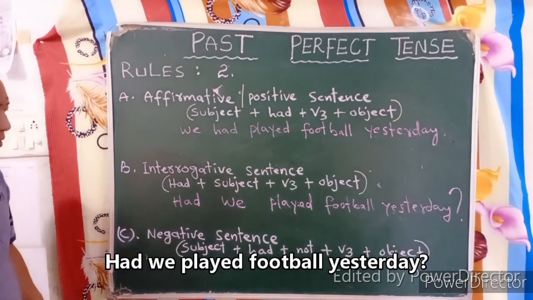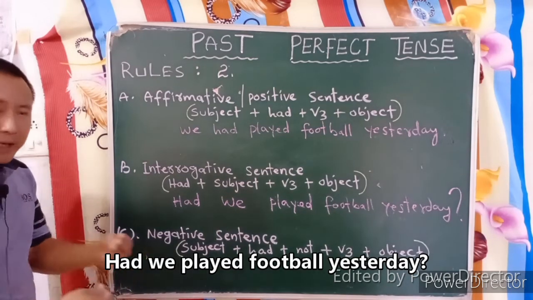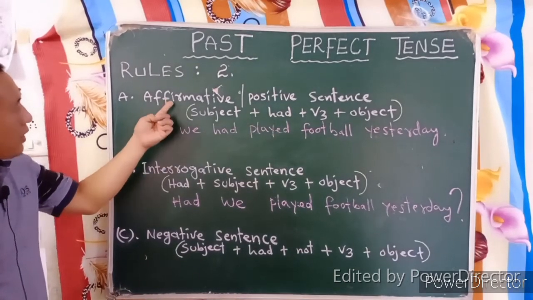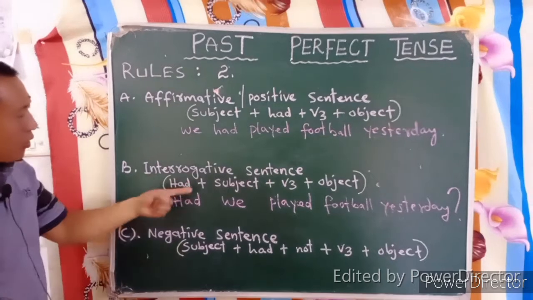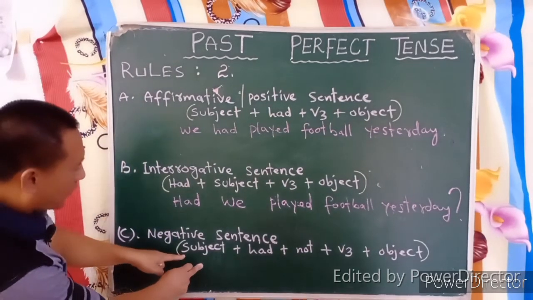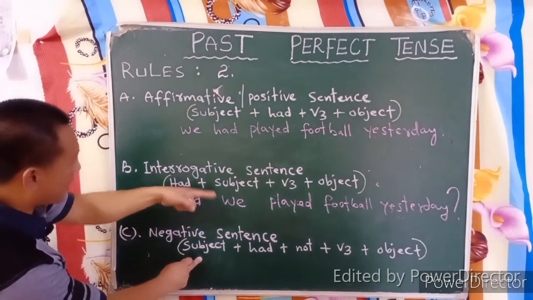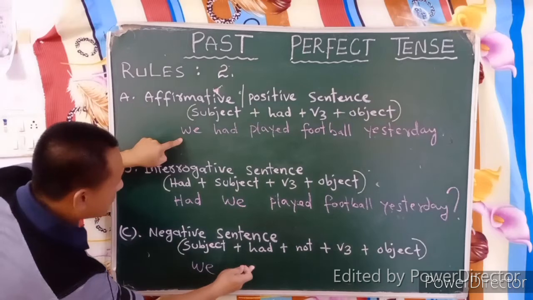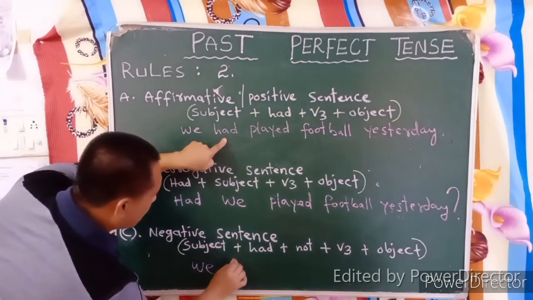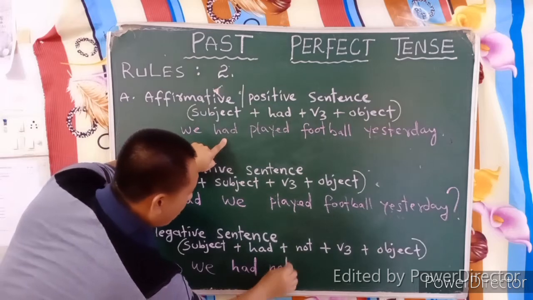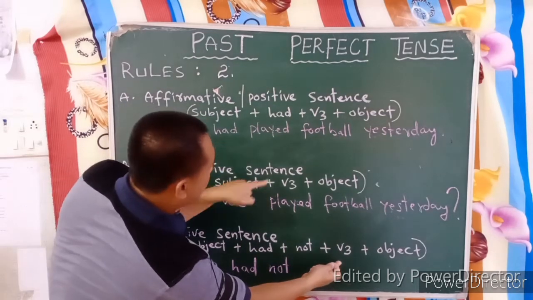Negative. How can we convert affirmative into negative, or interrogative into negative? Let us follow this rule. Subject first, here, we. Next, had: we had. After that, not. Verb 3, played.